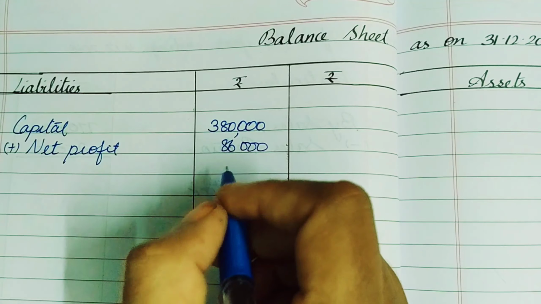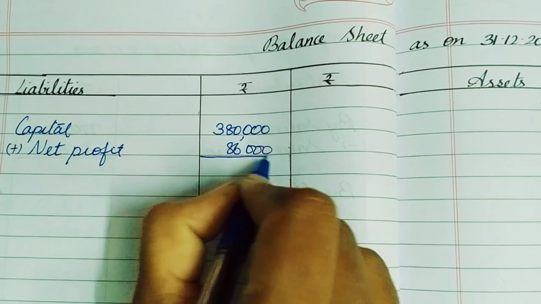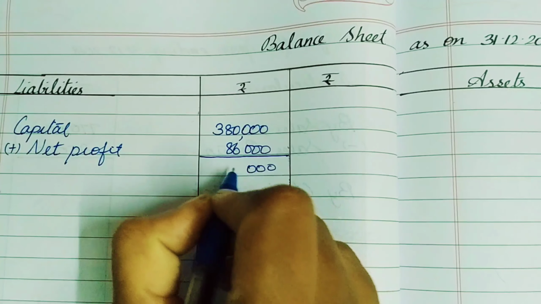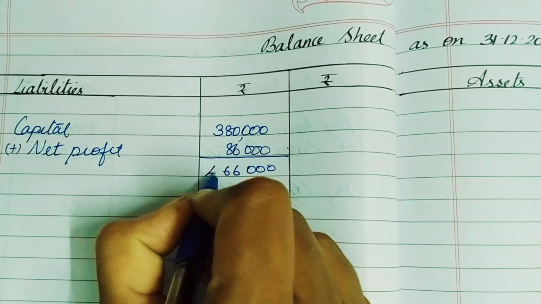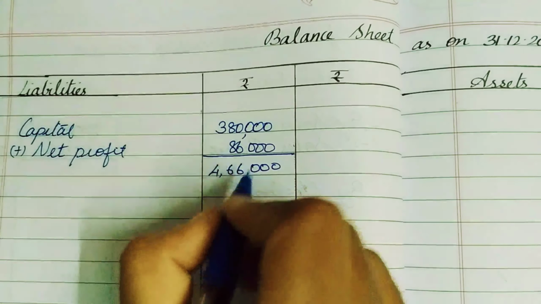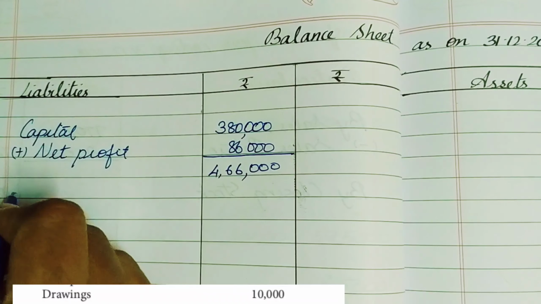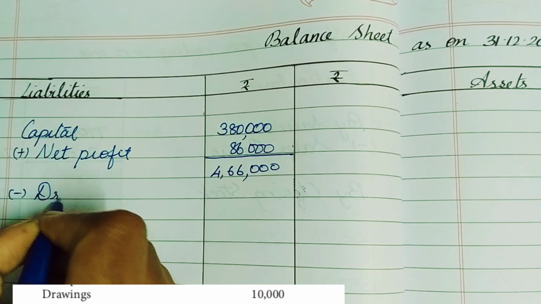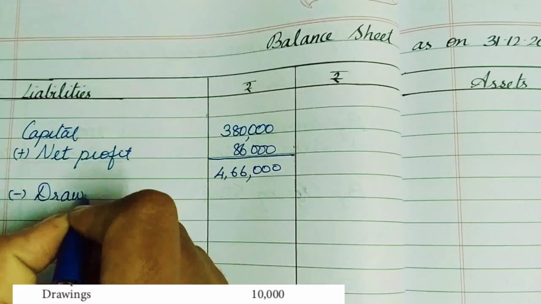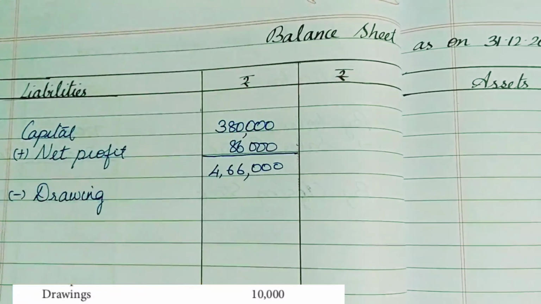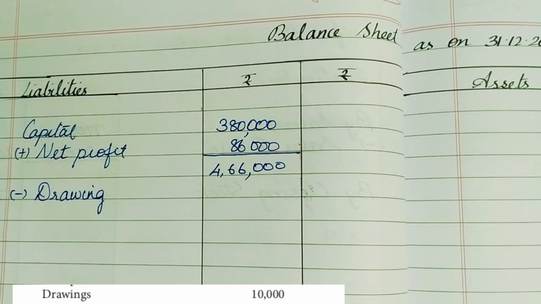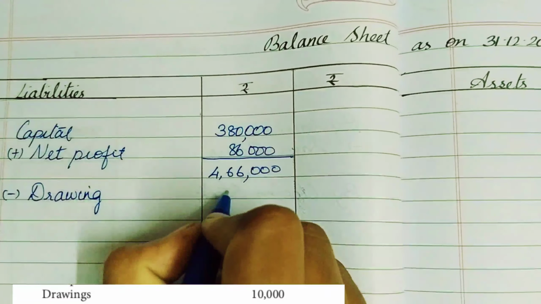And in this problem we have a drawing, so see that you add and write the balance within the inner column itself, that is 4,66,000. Next we are going to subtract the drawings from the net profit. The drawings given in the other information is 10,000.